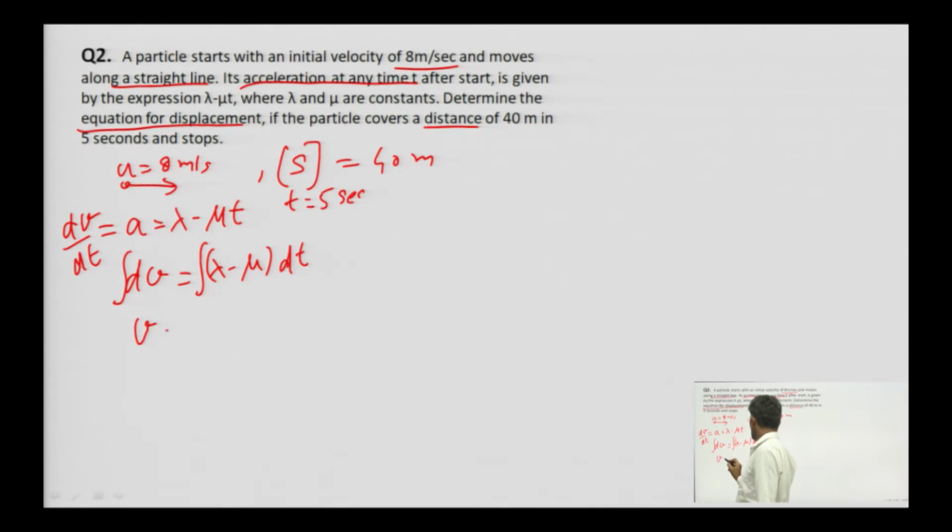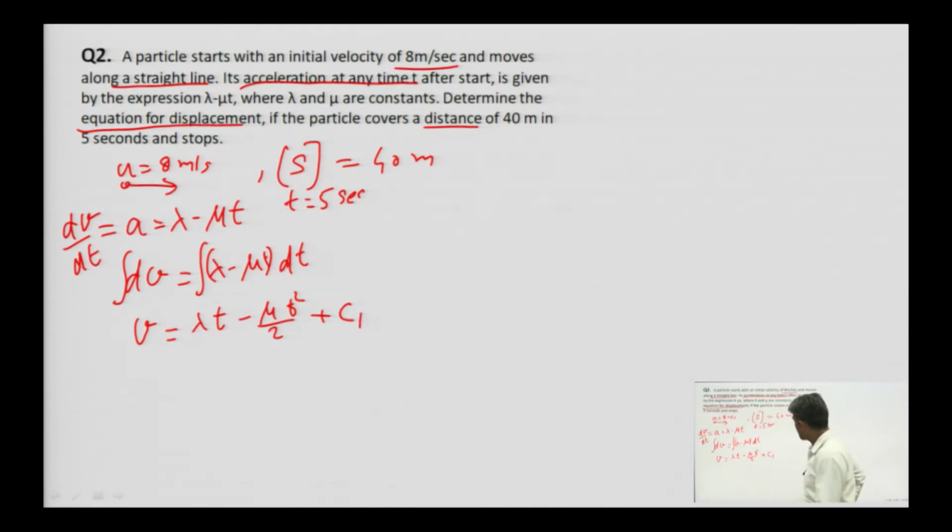So, V is equal to lambda t minus mu t square by 2 plus c, say c 1. So, we need to find the value of c 1.